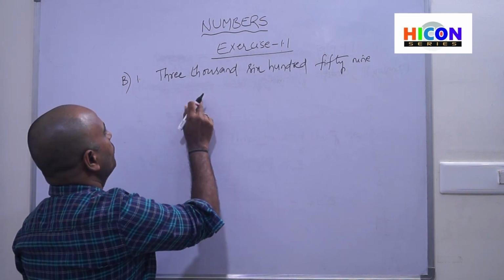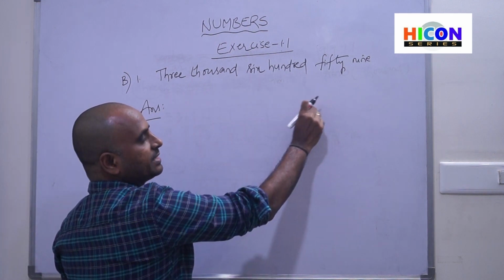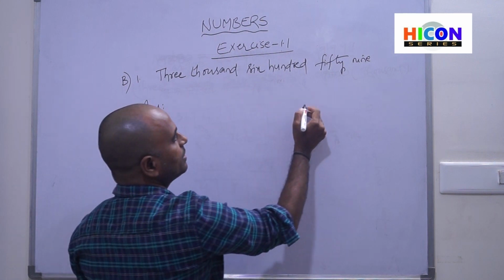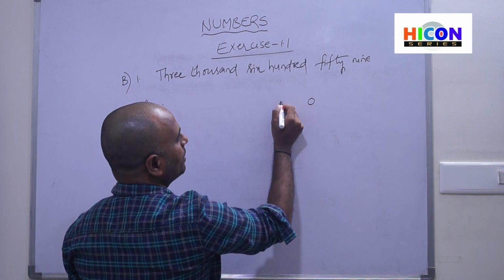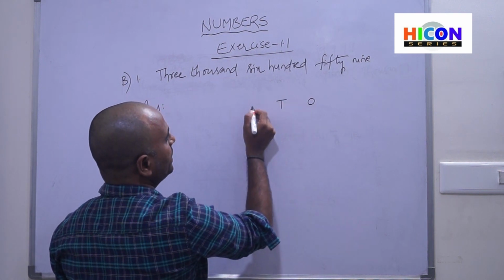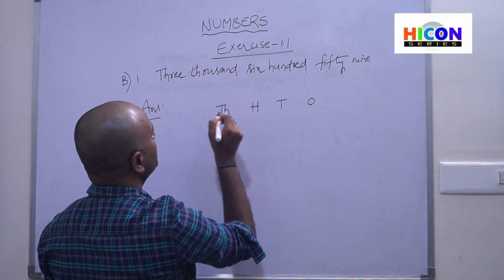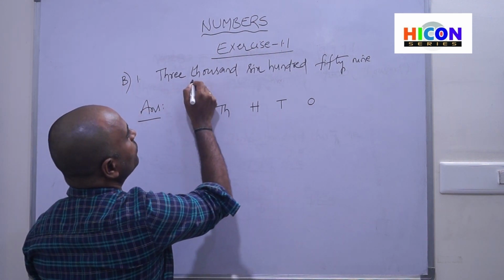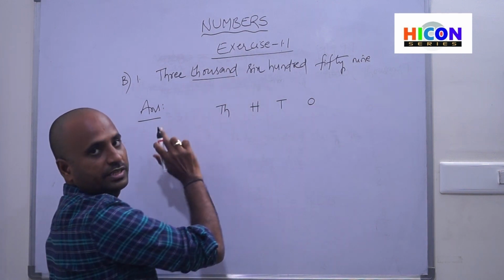First of all, write the places for the given number name. The first place is ones place, the next one is tens place, then hundreds place, and the next one is thousands place. Because the number name contains only 1000, we have to write up to only thousands place.